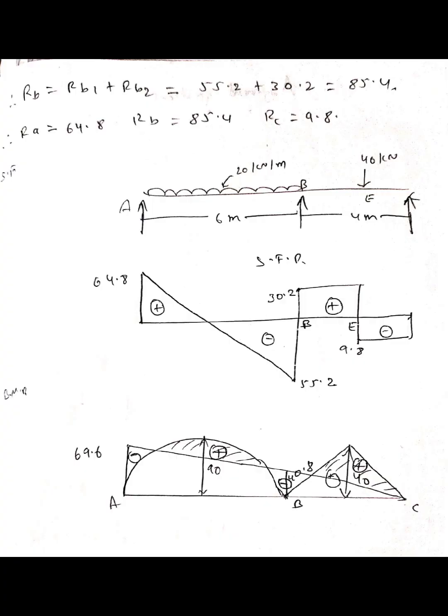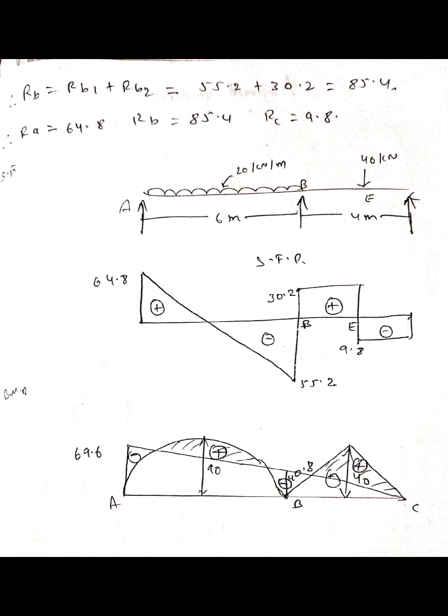So RB equal to 85.4, RA is 64.8, and RC is 9.8. Now, as we know the reactions, we can calculate the shear force values and draw the shear force diagram. Shear force at A is 64.8 and at B is 55.2, and then at B it is 30.2, from B to E 30.2, and then from E to C it is 9.8, with plus and minus signs shown there.